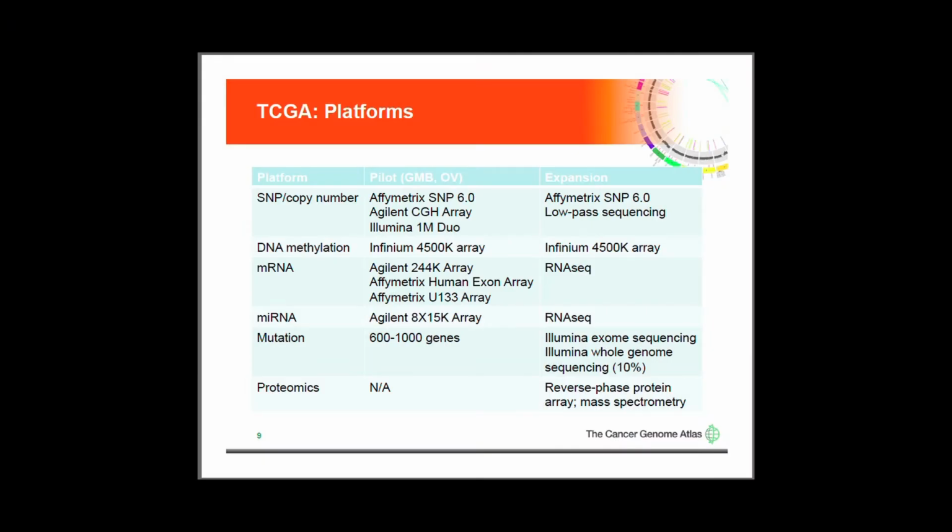So some of these technologies went away and were replaced with sequencing. We retained the SNP6 panel. We retained the DNA methylation. And a lot of the others, you can see that RNA sequencing technologies are there, and we have DNA sequencing.